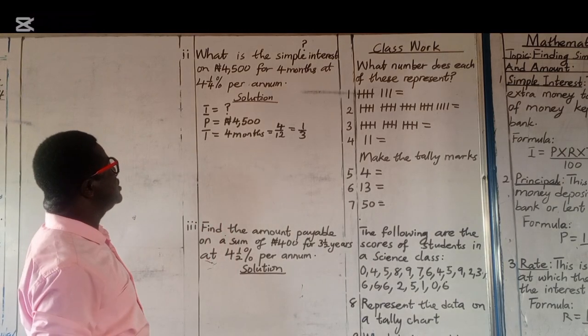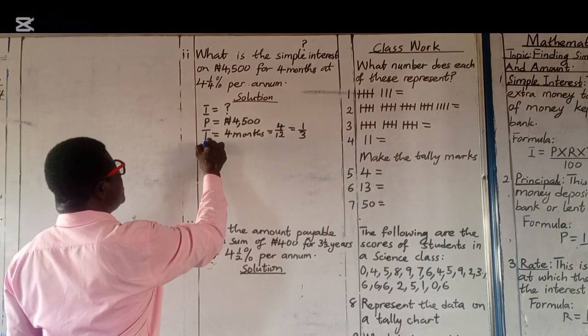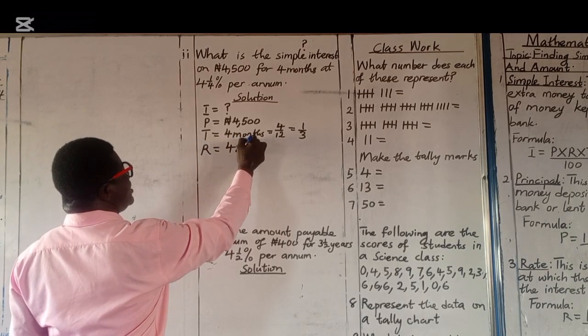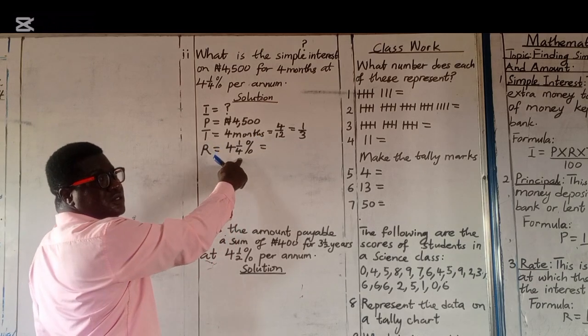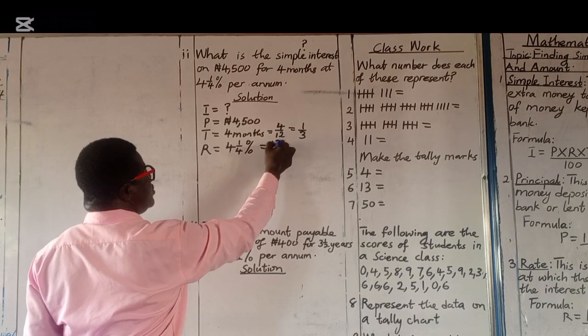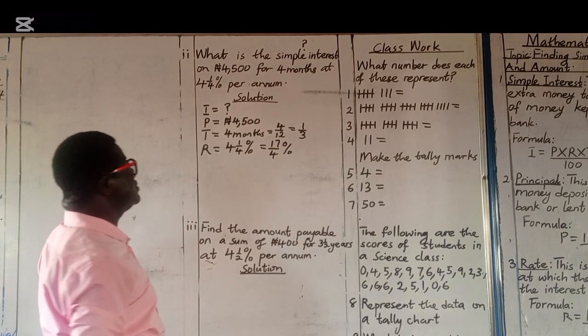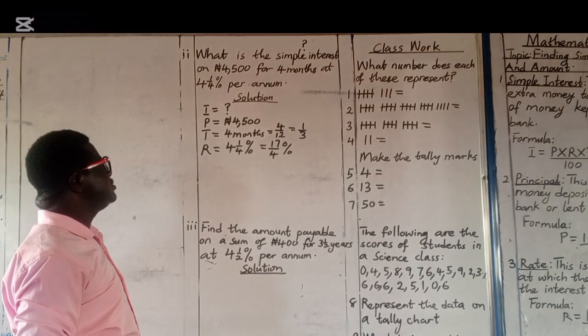At 4.25%. So rate 4.25%. Let me change this to an improper fraction. 4 times 4 is 16 plus 1, 17 over 4%. Do you see that?